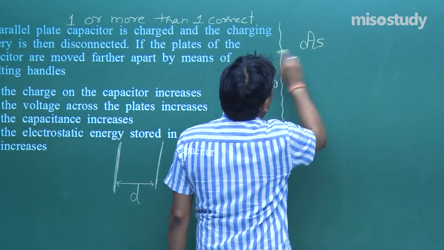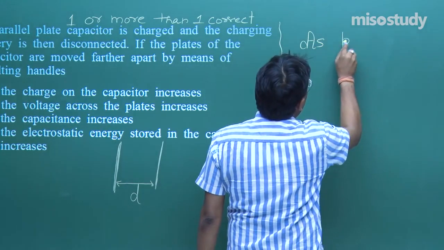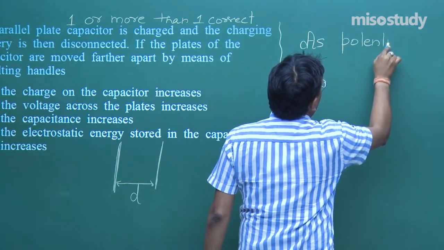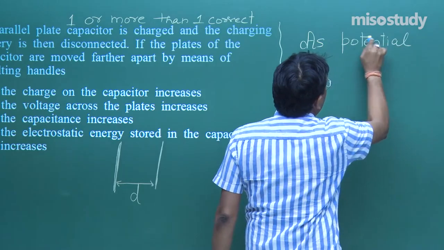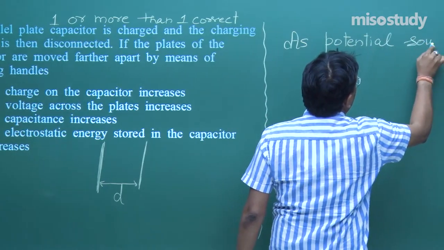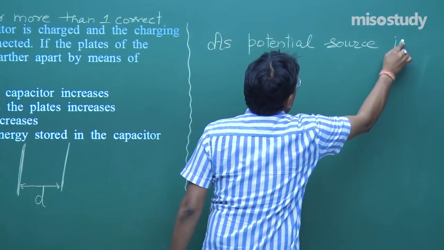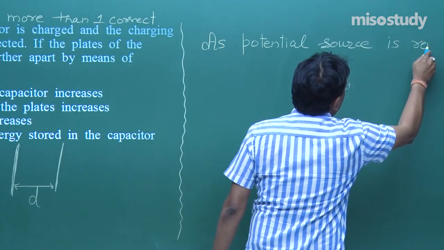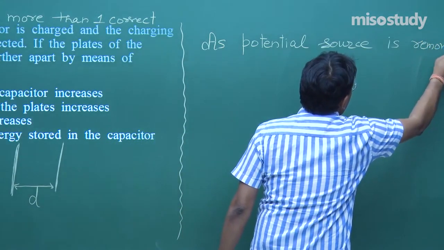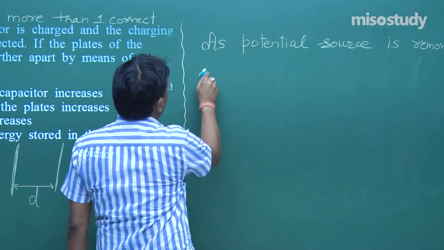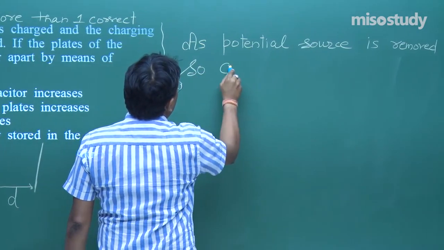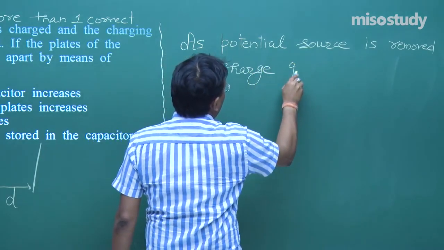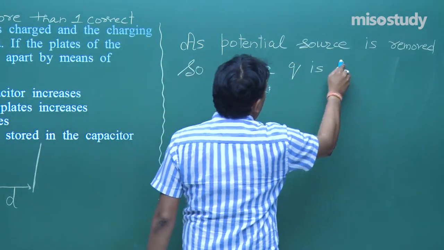As the potential source, meaning the battery, is removed, so charge Q is constant.